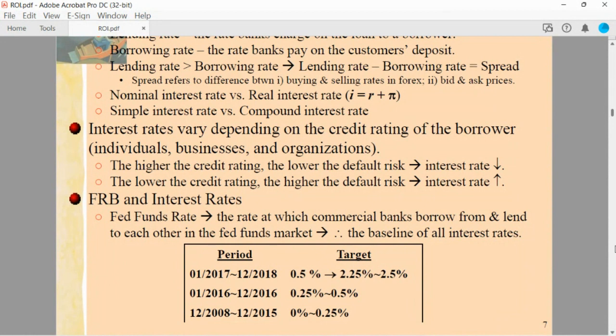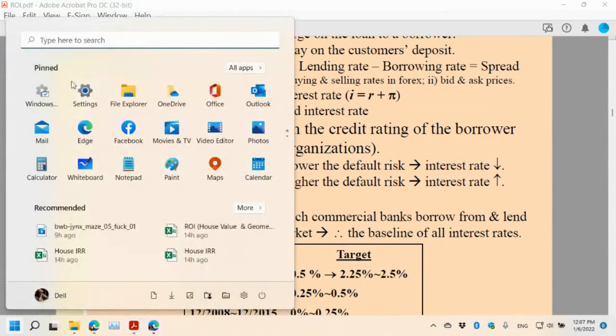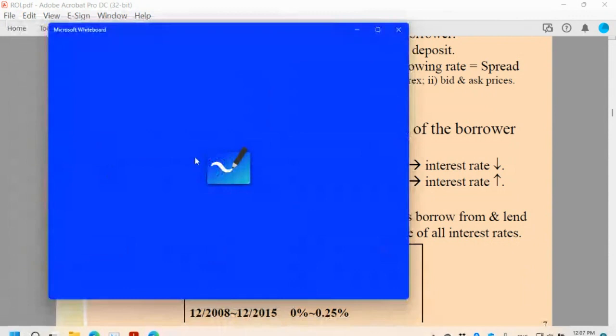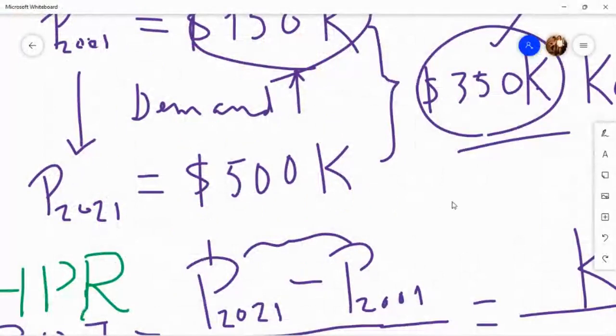Real interest rate is the nominal interest rate adjusted for inflation. Now, this is something that people at your age are not used to, connecting mathematical concepts with everyday language.